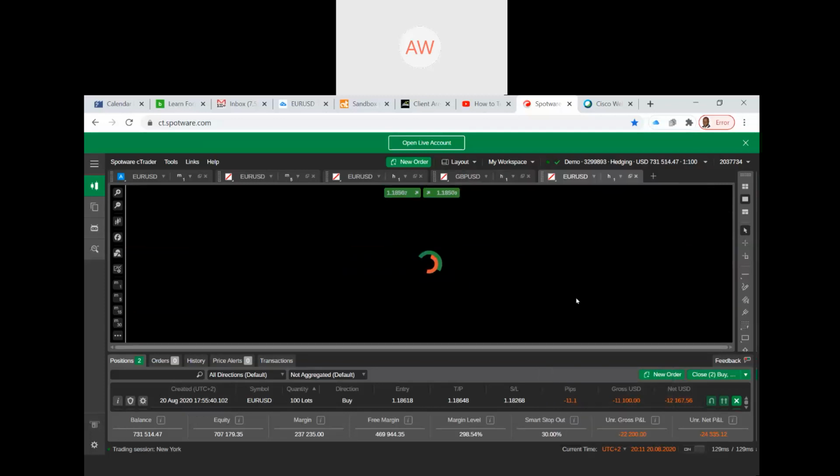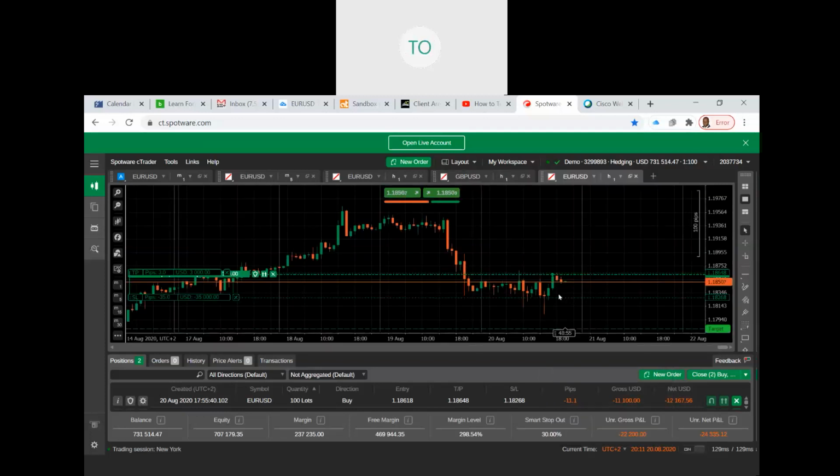Okay, the answer to that is yes. You can look out for news, but for now, try to avoid trading during the news. Why? Because trading the news requires a lot more understanding, not just of the fundamentals.